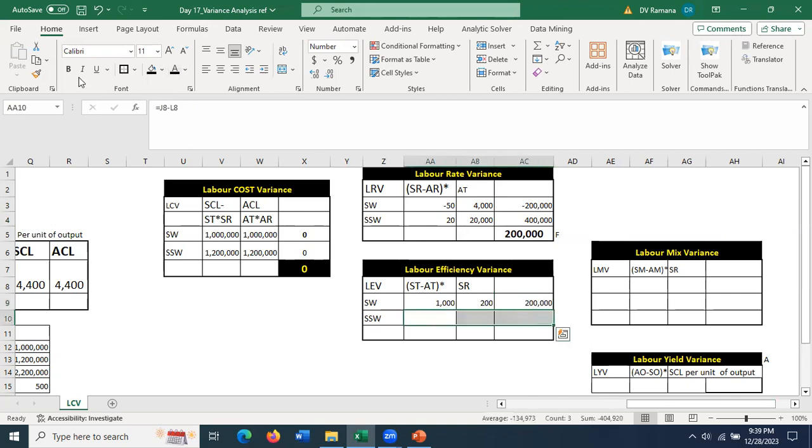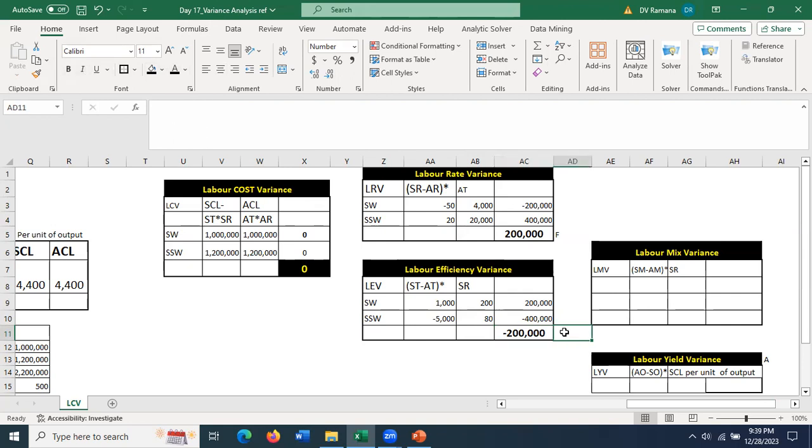But unskilled workers, we have used more unskilled workers, so there is an adverse variance. Overall, there is an adverse variance to the extent of 200,000.